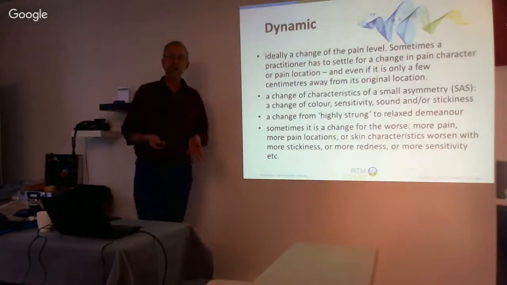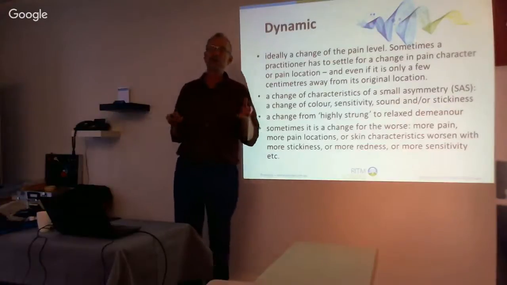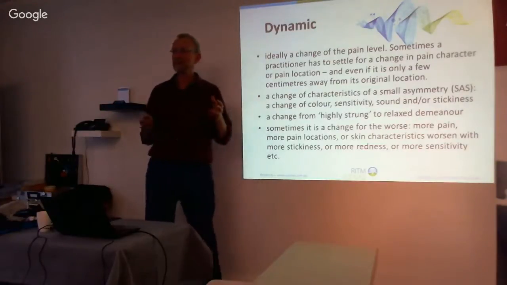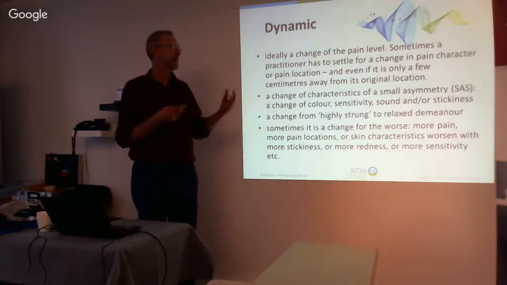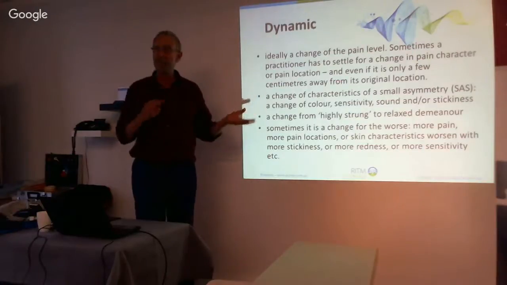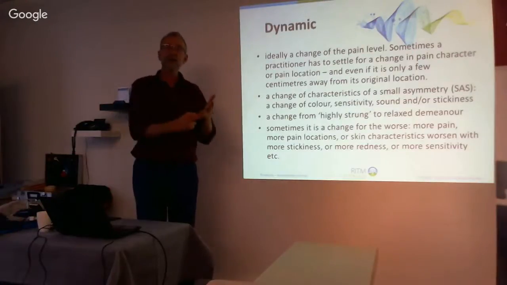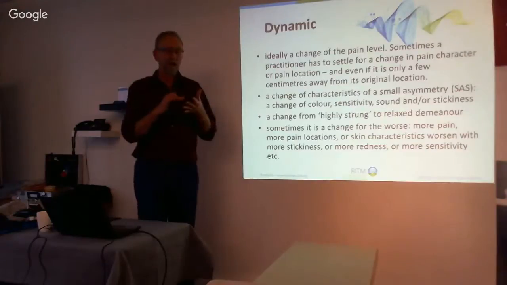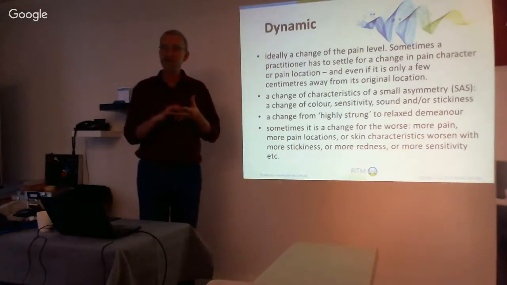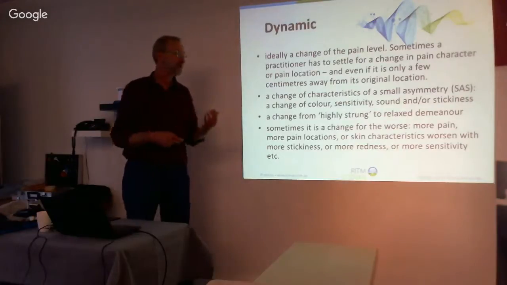What we want to achieve in Scenar therapy is a dynamic, which means a change in the conditions of the patients, a change in the pain of the patient, and a change of the appearance of the asymmetry. We want to treat them back to normal.